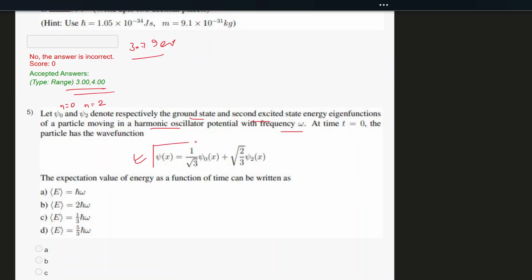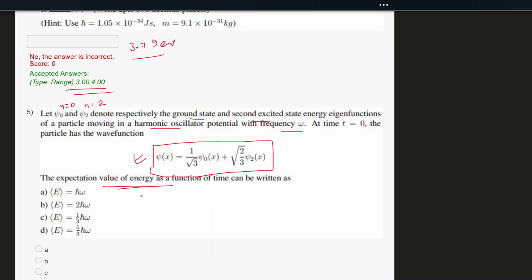So this is a wave function that is given to you, and you have to find out the energy expectation value, right? How do you get the expectation value of an operator in quantum mechanics? That is what information we'll be using out here.